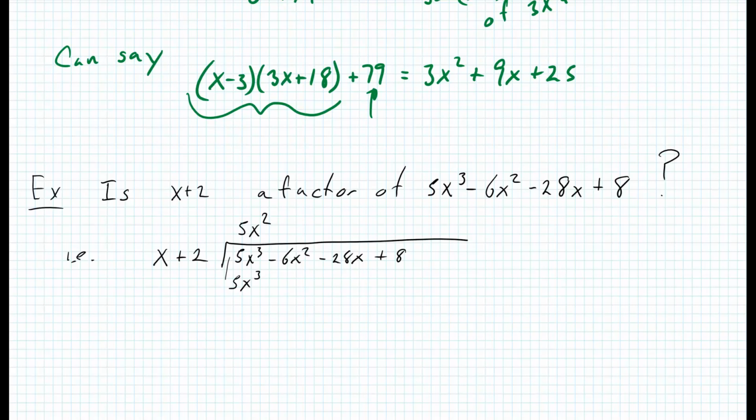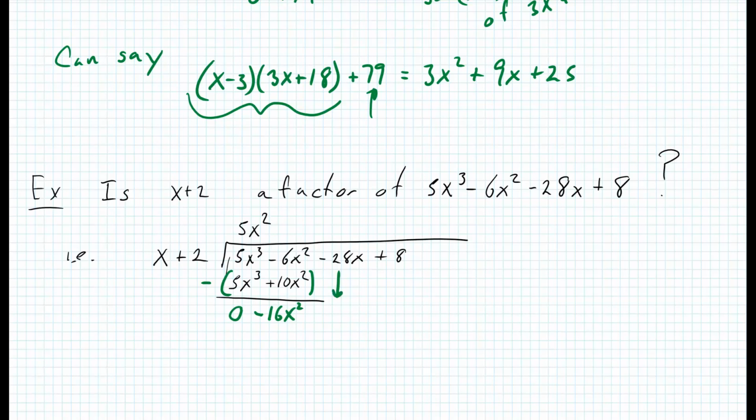Then I multiply 5x squared by 2, and I get plus 10x squared. And I subtract these two things. I get a 0, and I get 6x squared minus 10x squared, so that's minus 16x squared. Then I bring down that next term.